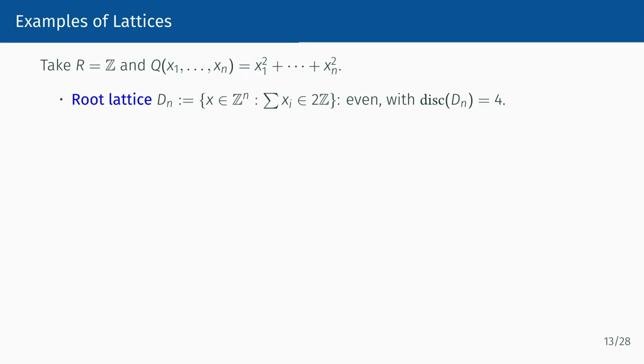It is a nice exercise to see that this lattice has discriminant 4. And it's quite easy to see that it's even almost by definition, since we just defined all the vectors whose quadratic form is even.